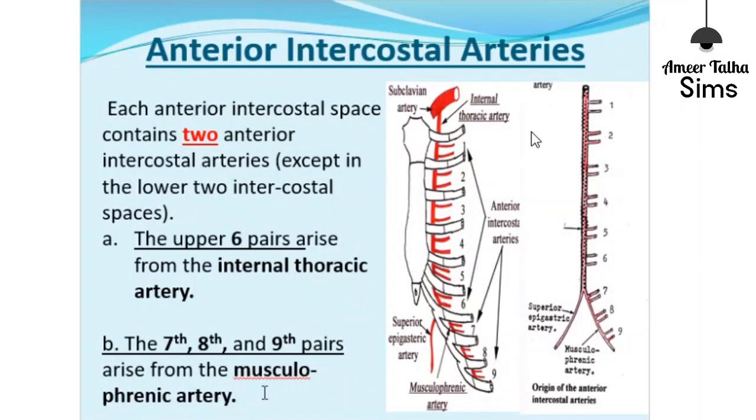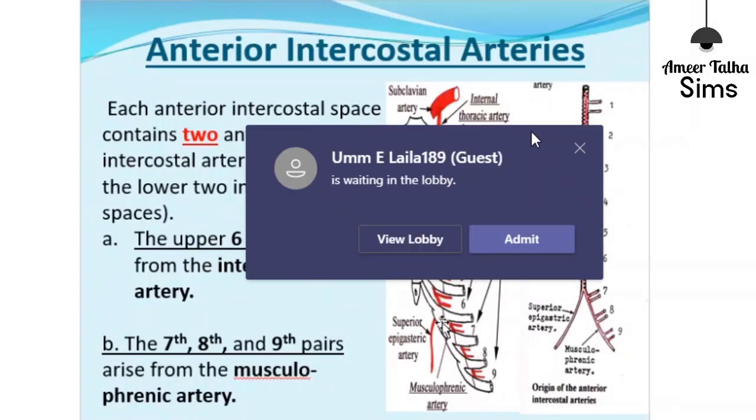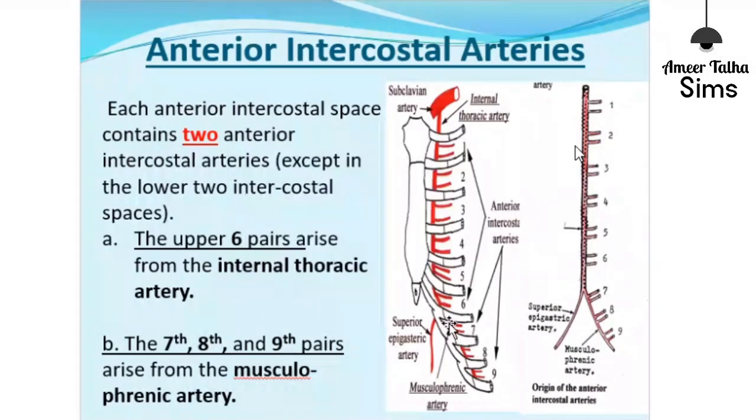Beta, this is the sternum, and lateral to the sternum we have the internal thoracic artery, which is the branch of the first part of the subclavian artery, right? And it is present lateral to the sternum on each side. So the upper 6 pairs arise from the internal thoracic artery at this level, and the 7, 8, 9 anterior intercostal arteries originate from the terminal branch of the internal thoracic artery, which is the musculophrenic artery.